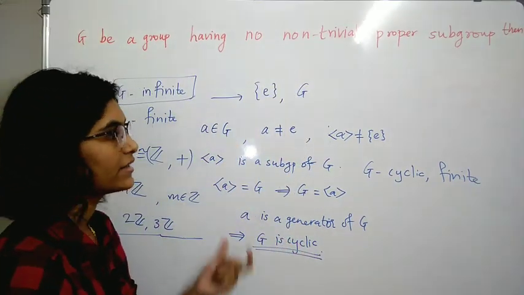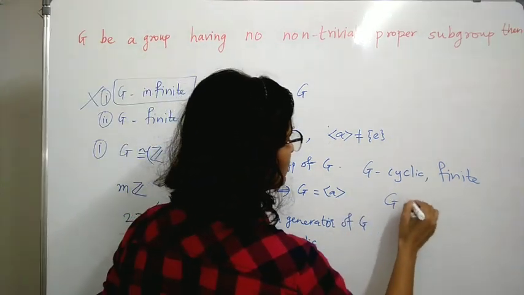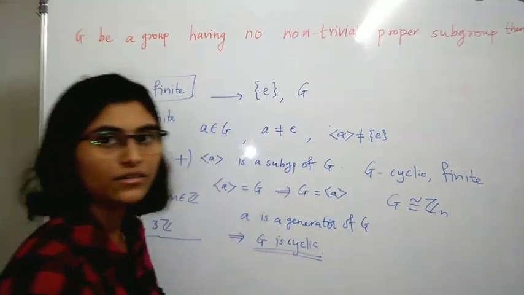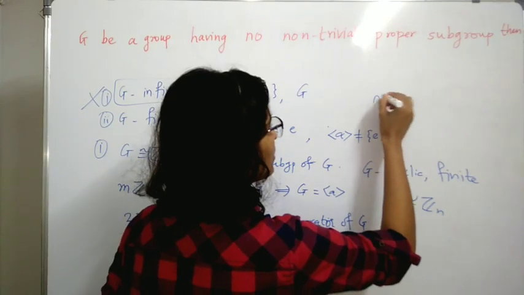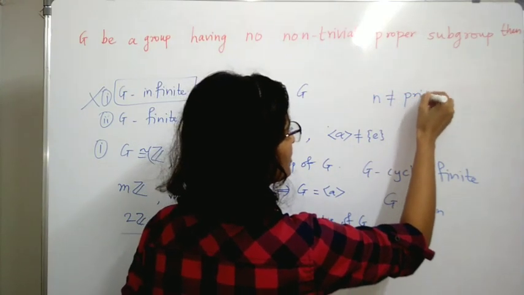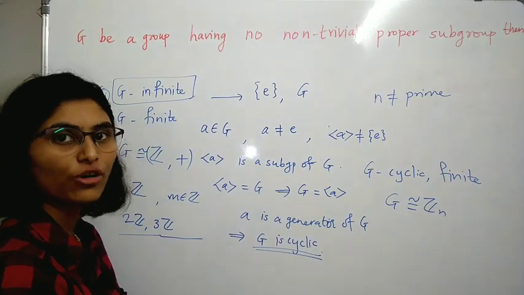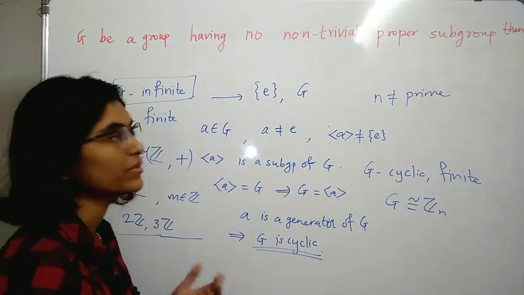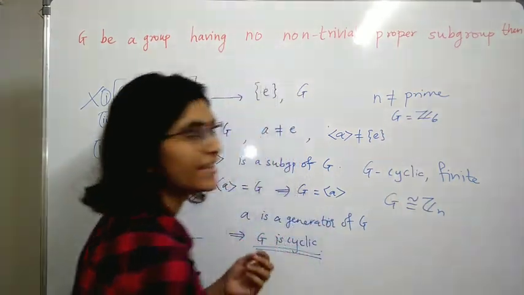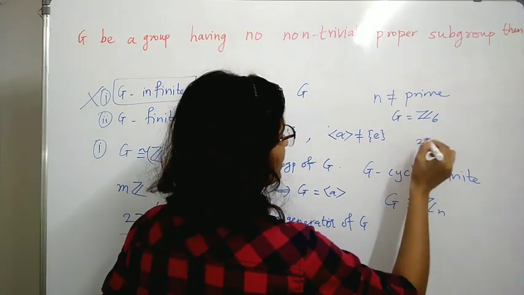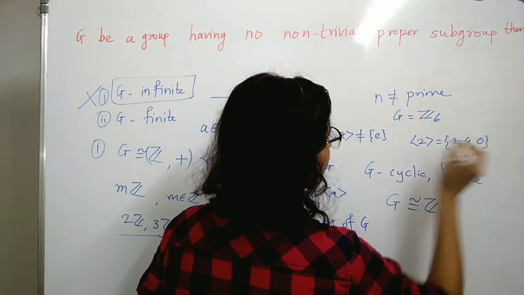Now we know that any finite cyclic group is isomorphic to Zn. Now if this n is not prime, then it will always have a proper non-trivial subgroup. For example, if we take Z6 as G, then clearly the subgroup generated by 2 is just 2, 4, 6 which is 0.